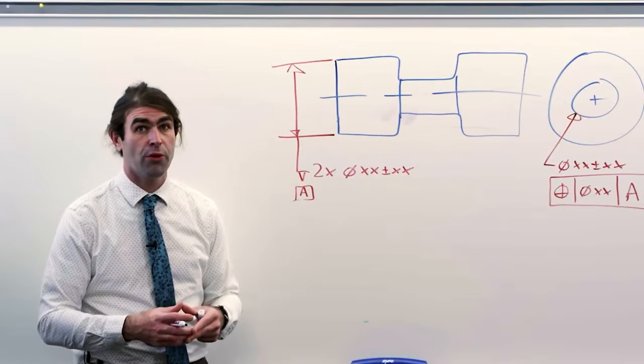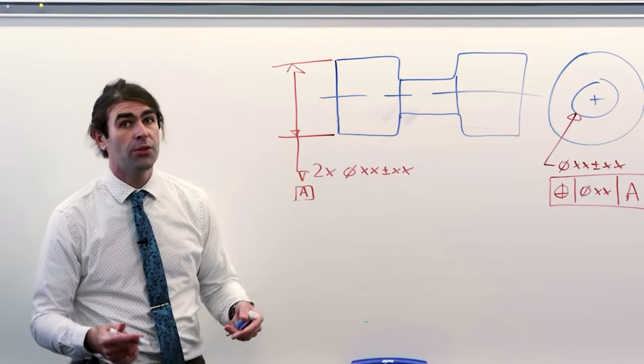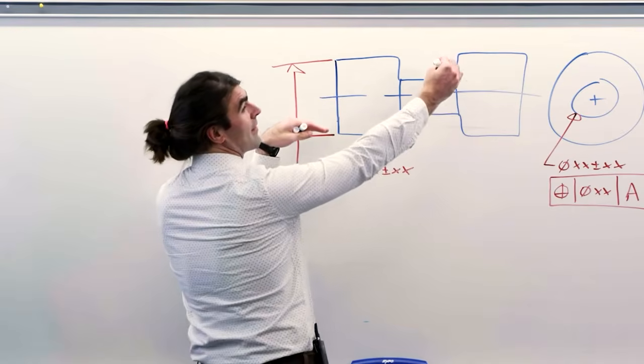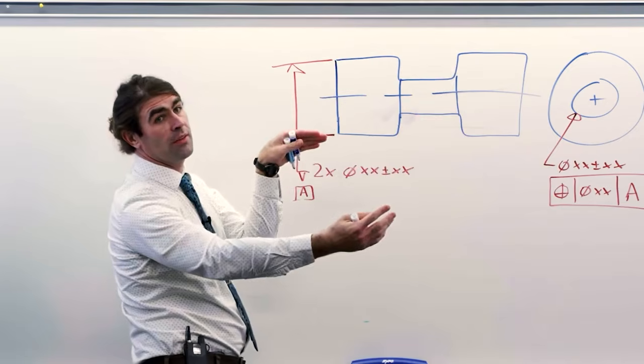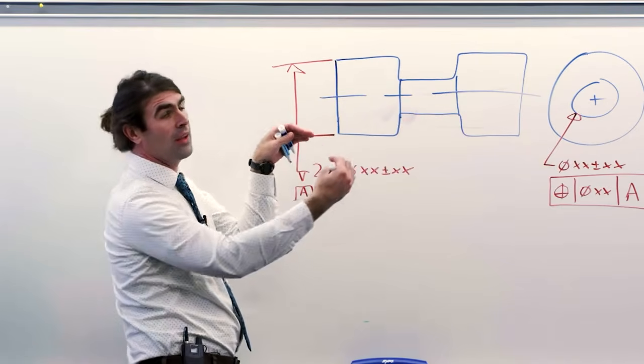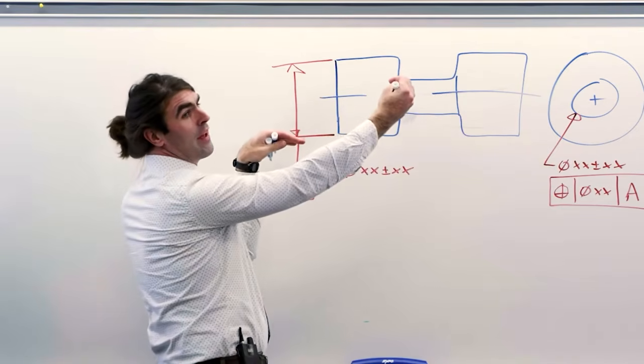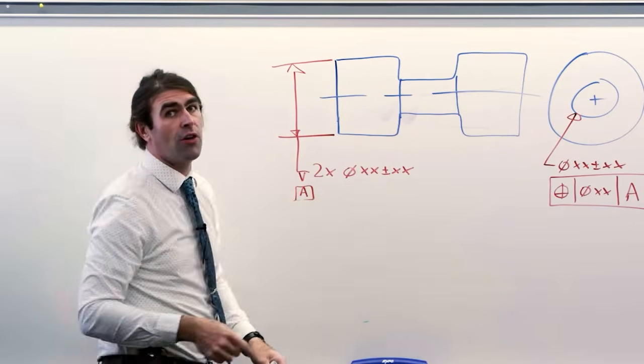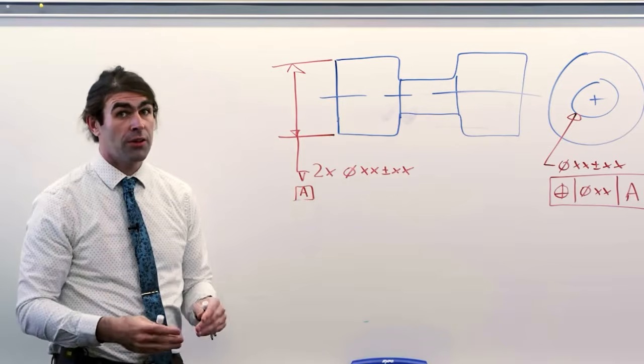It's only individual features that have to be perfect. So if this cylinder is not coaxial by 1 thousandth, is that good or is it not good? If it's not coaxial by 50 thousandths, is that good or not good? This doesn't help us solve that problem. So we definitely don't want to do that.